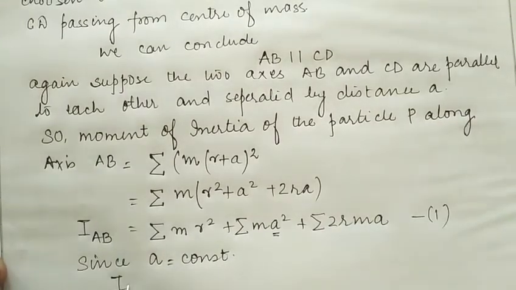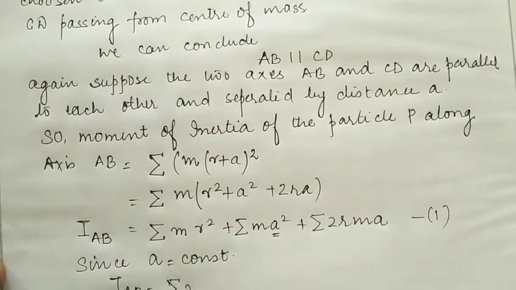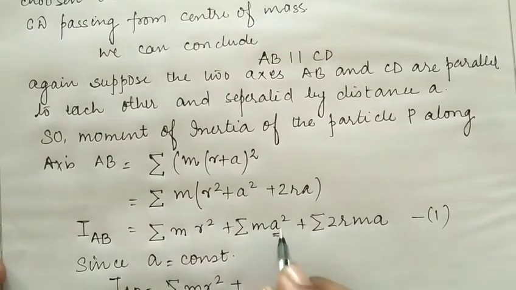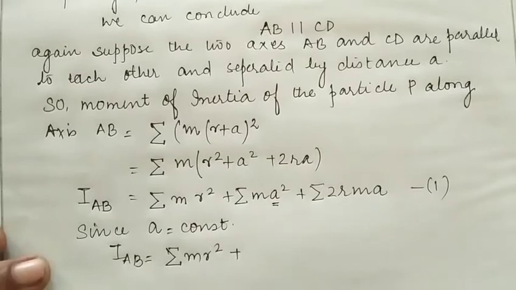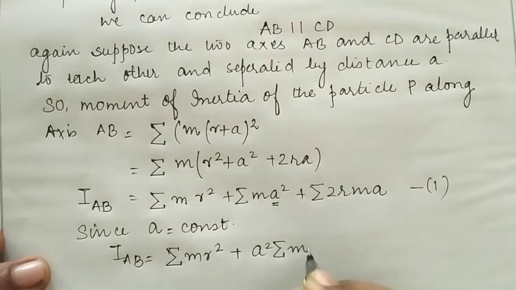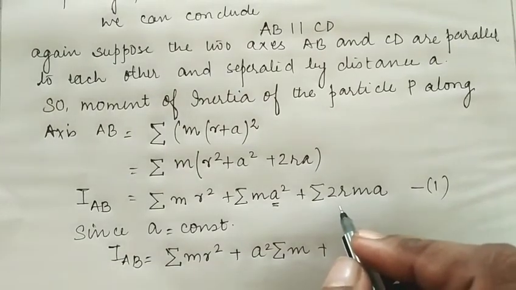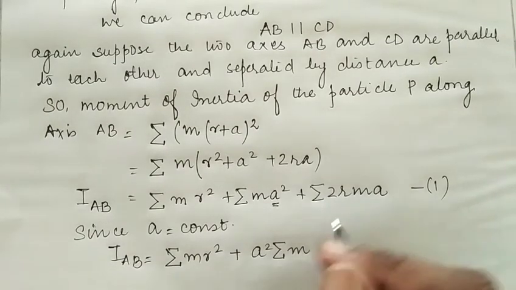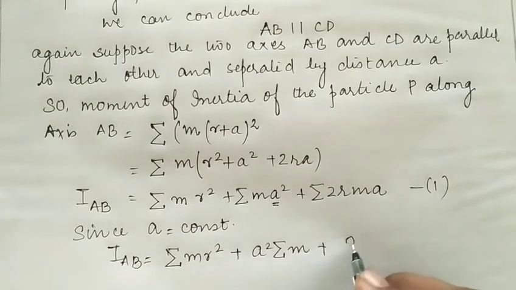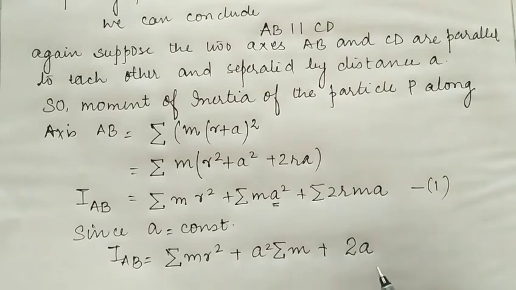So we can write that IAB is equal to summation of m r square plus, here a is constant, so it comes outside, a square summation of m will remain, and students, here 2 is a constant quantity and the radius a is a constant quantity, mass is also a constant quantity. So from here you can write that 2 and a both will be considered as constant quantities.